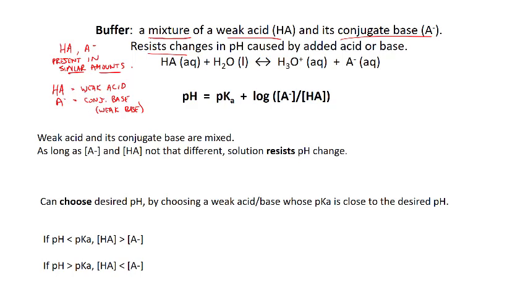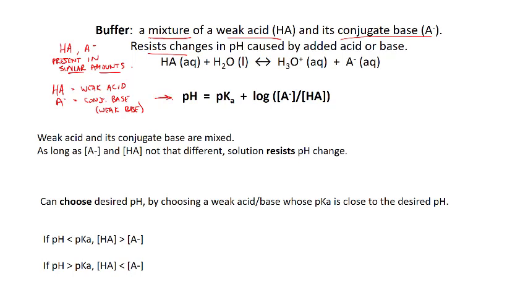So if you have a fairly weak acid, then your conjugate base will be a stronger base than the acid was an acid. But they're all still weak acids and weak bases. It's just there's relative degrees of weakness and strongness. All right, remember that. So buffers resist changes in pH caused by added acid or base.